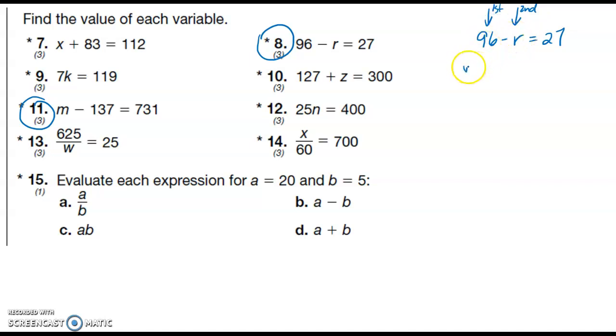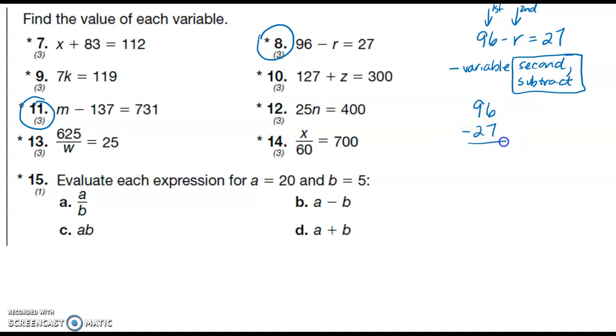When the variable is in the second spot, we subtract. You might want to write this down as an example in the back of your spiral. So what I'm going to do is subtract 27.